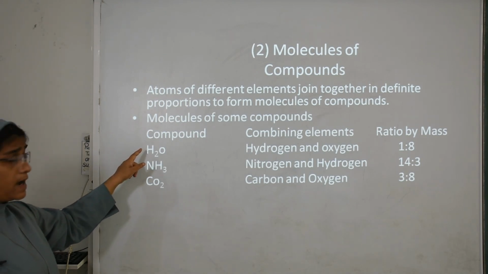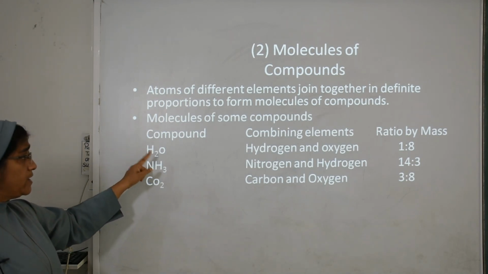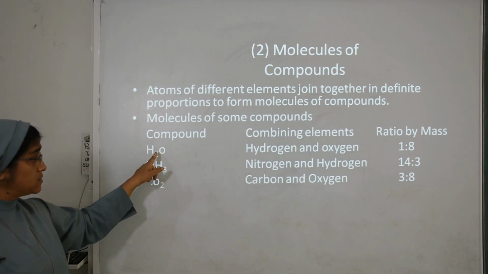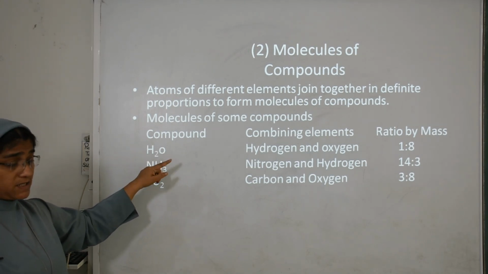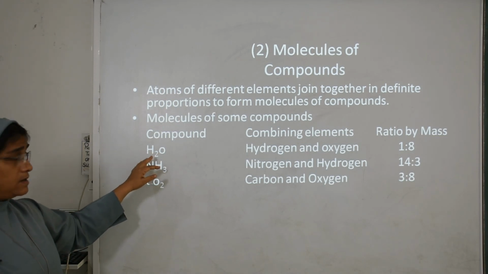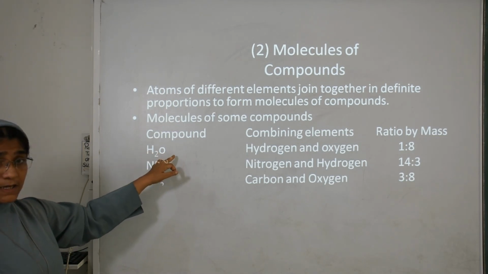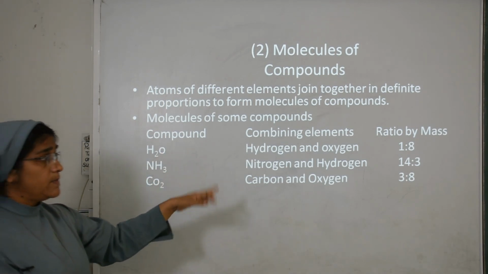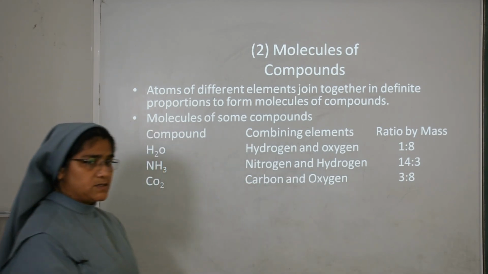Atomic mass of hydrogen is 1, but 2 into 1 is 2, and the mass of oxygen is 16. So 2 is to 16; we cut it and get 1 is to 8.